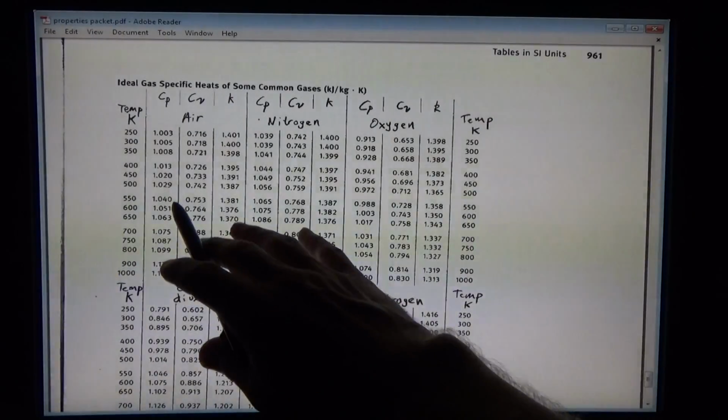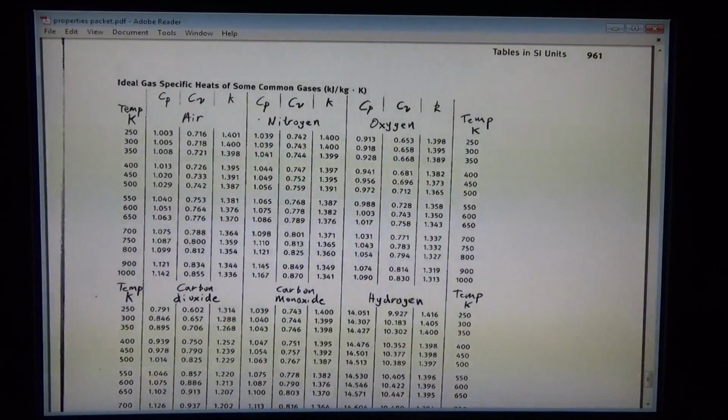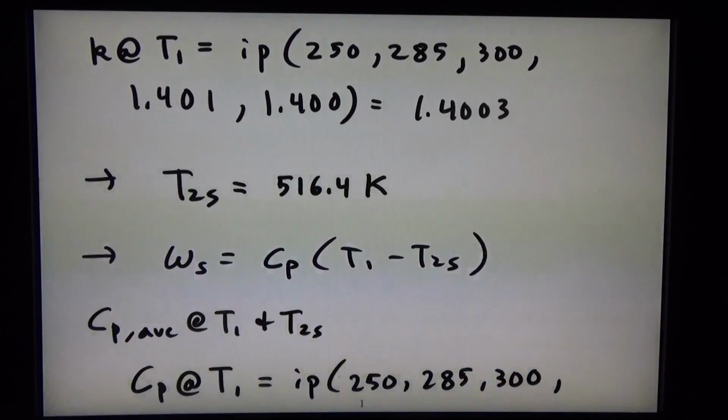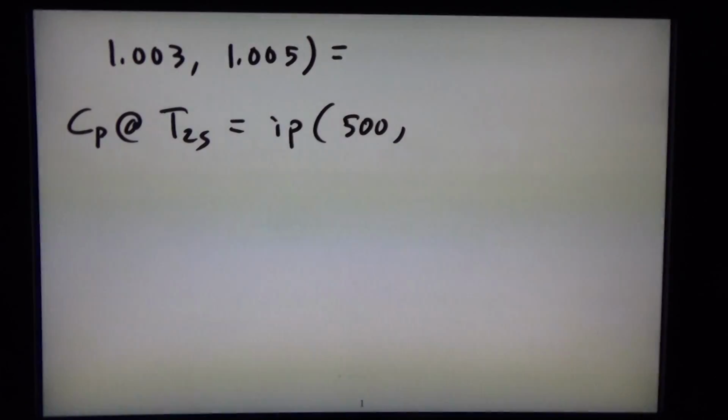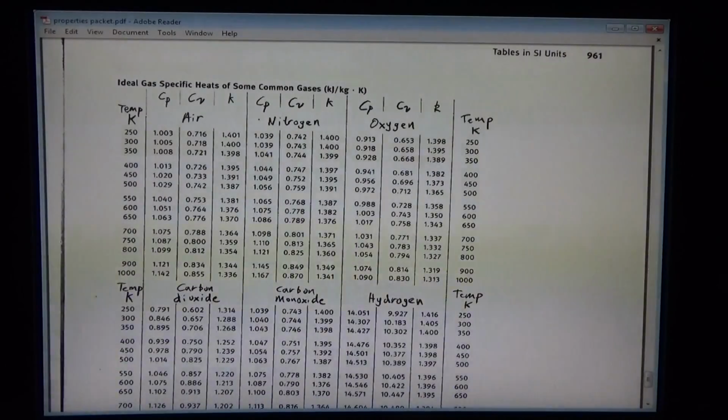So we're going to have to interpolate here between 1.029 and 1.040. So we're interpolating between 500, T2S is 516.4, and 550. Then we add 1.029 and 1.04.